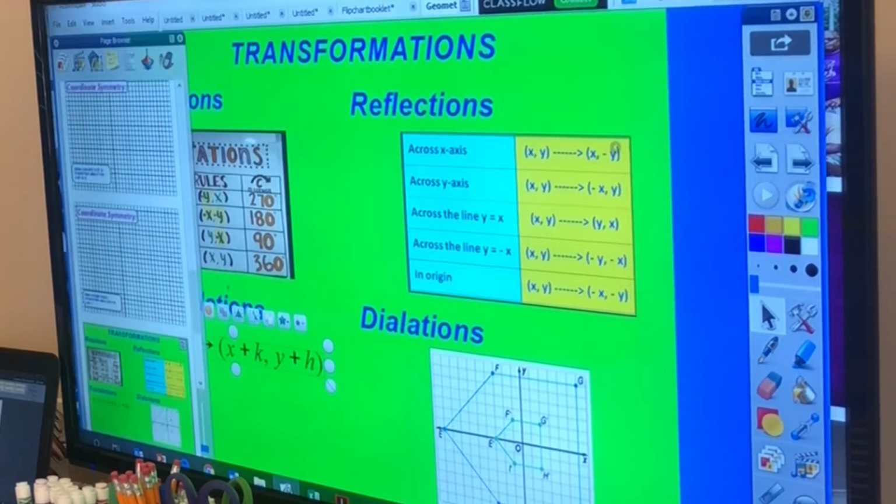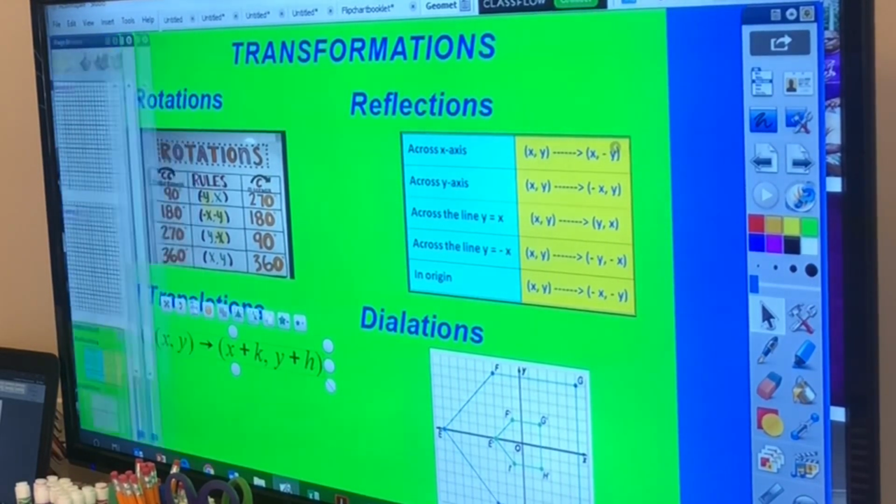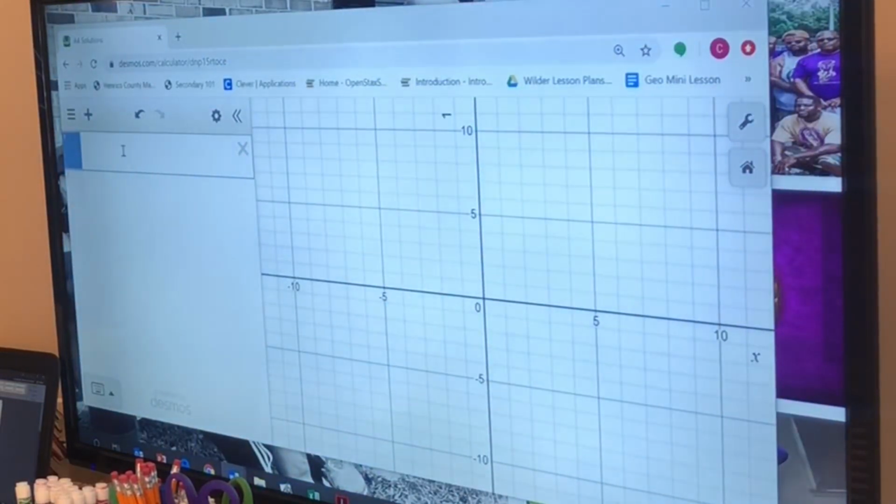So what I'm going to do is open up a Desmos window, and I'm going to show you how to do a reflection in Desmos using the word polygon. It's this simple. My goal is to reflect quadrilateral ABCD across the line y equals negative x. And I'm also going to graph y equals negative x so that you can understand the true reflection.